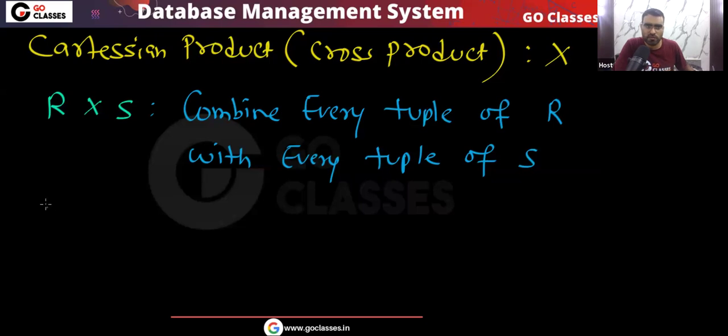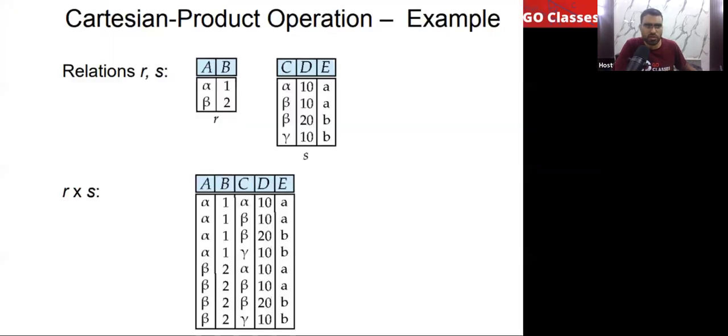This is the point. Here, for example, this is your table R, this is your table S. Here you have two attributes, here you have three attributes. So in R cross S there will be five attributes. Basically, combine every tuple of R with every tuple of S. This tuple we will combine with everyone, and similarly this tuple we will combine with everyone.